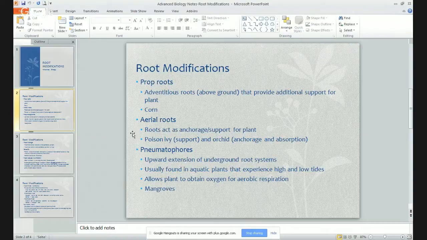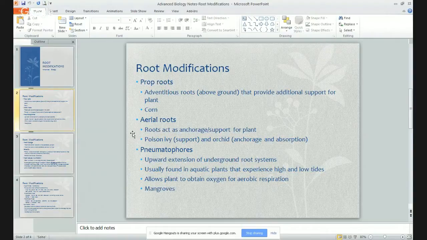Alrighty, your nematophores, those are the next set of modifications that you can have. They're found in mangroves, if you're at all familiar with those. But basically it's like upside down roots. So instead of growing down, they grow up.